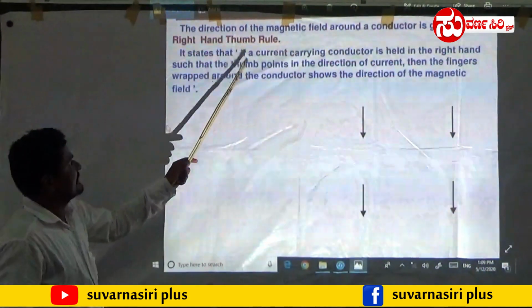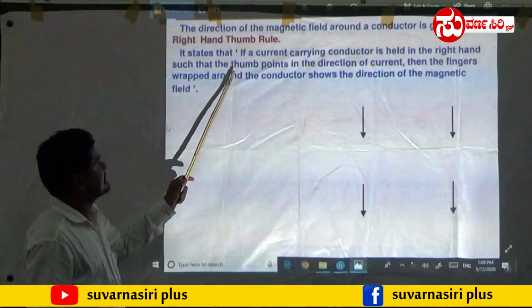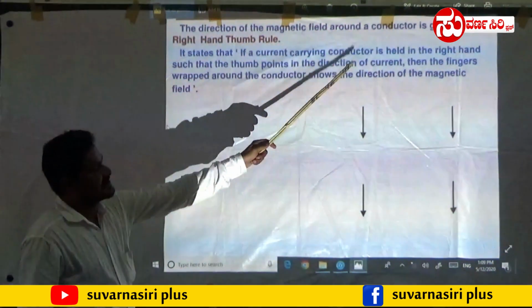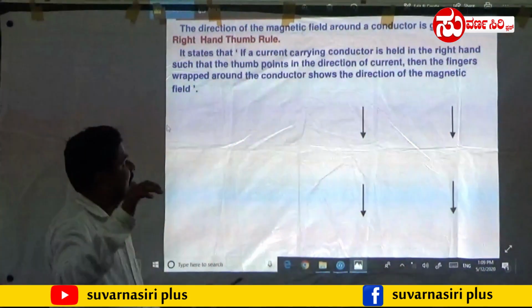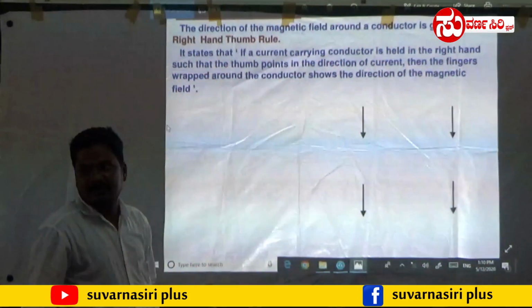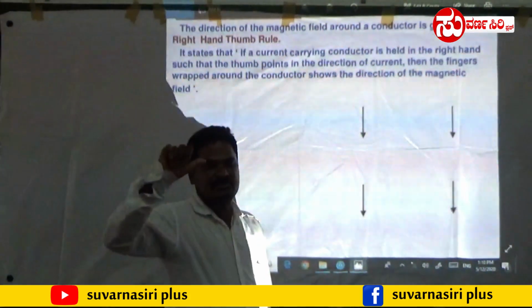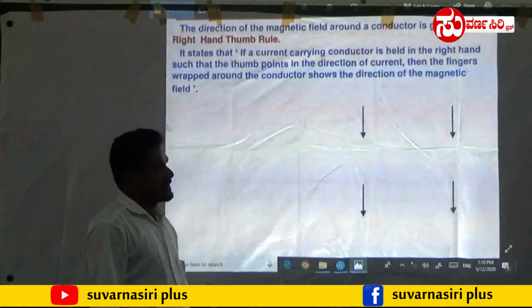It states that if a current-carrying conductor is held in the right hand such that the thumb points in the direction of current, then the fingers wrapped around the conductor show the direction of the magnetic field. This is given by Maxwell.